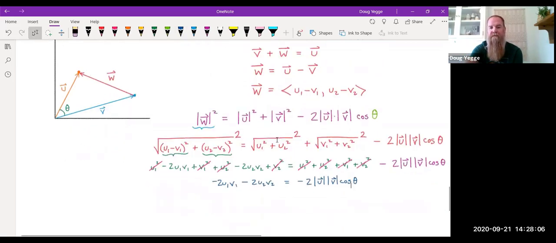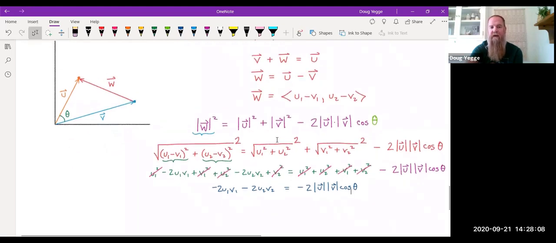But notice how every term has a coefficient of negative 2. So I can cancel that quantity by dividing, giving me u1 v1 plus u2 v2 is equal to the magnitude of u times the magnitude of v times cosine of theta. So that's what happened when I divided by negative 2.